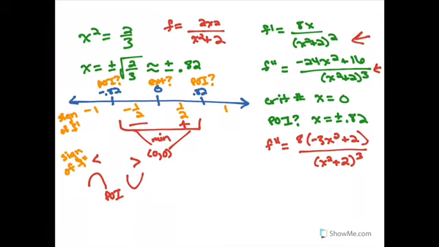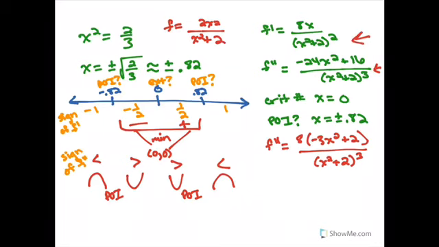Same thing's going to happen with positive 1/2 because we're squaring it again, right? So I'm still going to be positive, which is a good thing. We weren't supposed to change concavity in between there. And then if I plug in a 1, I get negative 3 plus 2. Well, that's negative 1, so we're back to less than 0. I am concave down. I found another point of inflection.